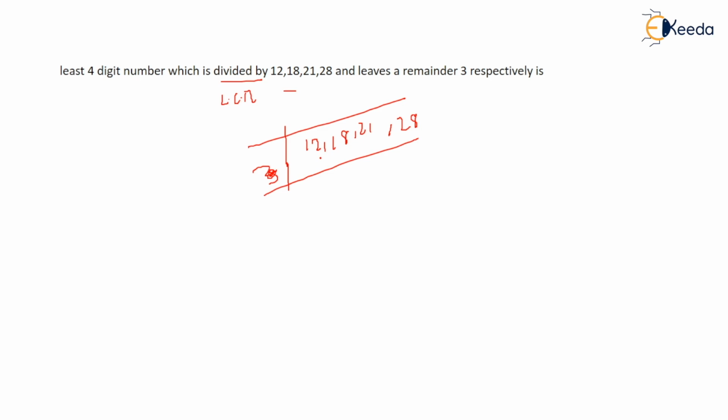So instead of 28, we have to think of a number which divides all these numbers. After thinking, what number comes to your mind? 2 is not there, 4 is not there, 6, 3, 27, okay.